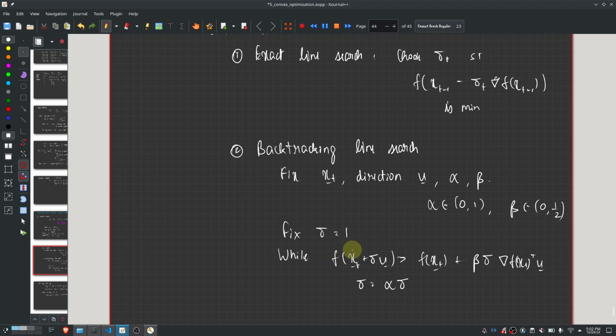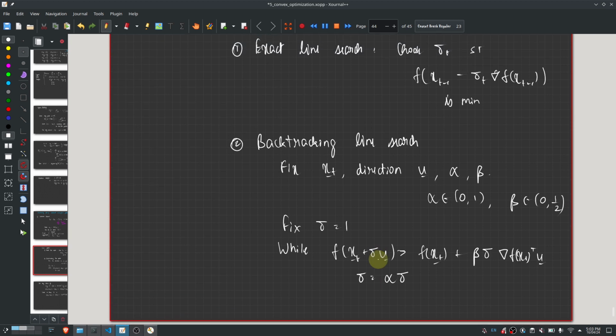But it does not require multiple computations of the gradient. In general, computing the function is easier than computing the gradient, because the gradient is a vector, whereas the function is just a number. You should think of computing the gradient as computing n different functions. So this is much less expensive.